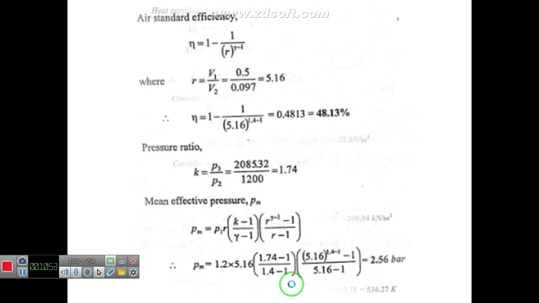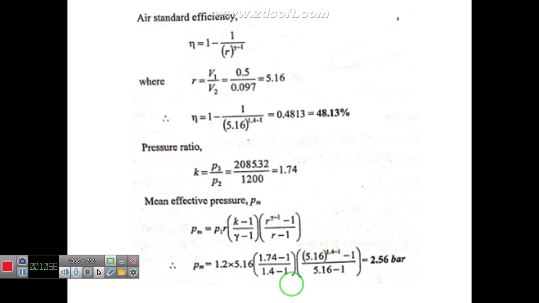P3, P4 and T3 are known. Finally we get the temperature at T4, the end of the cycle: 536.27 Kelvin.